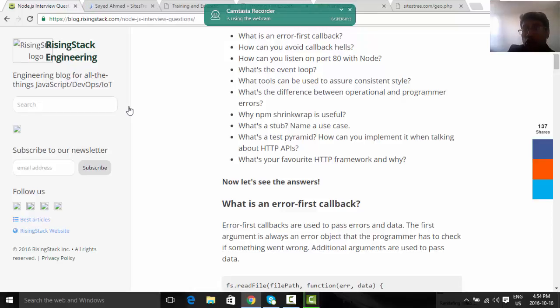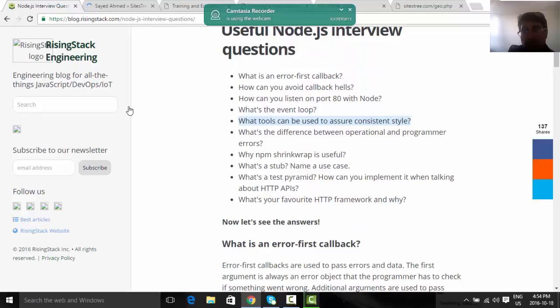What tools can be used to assure consistent style?